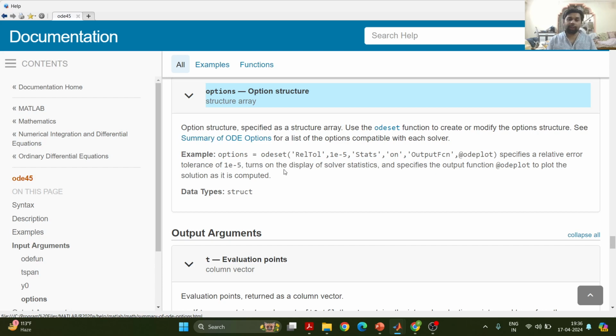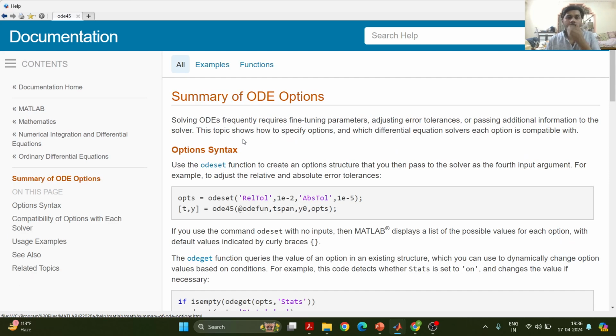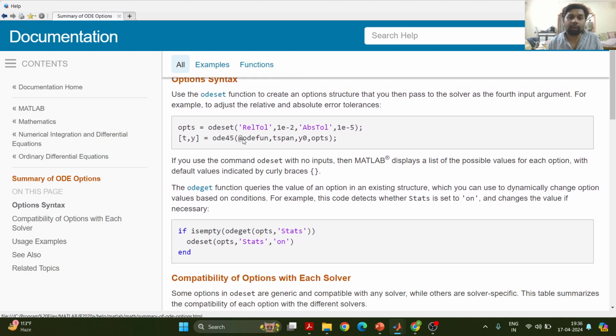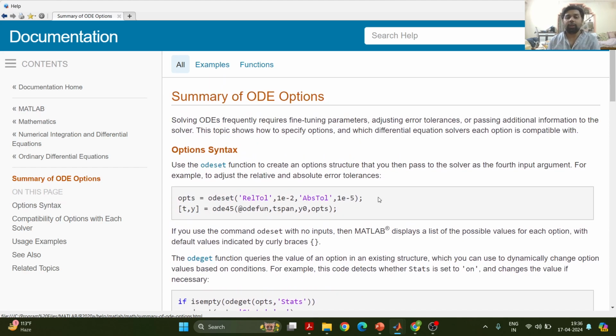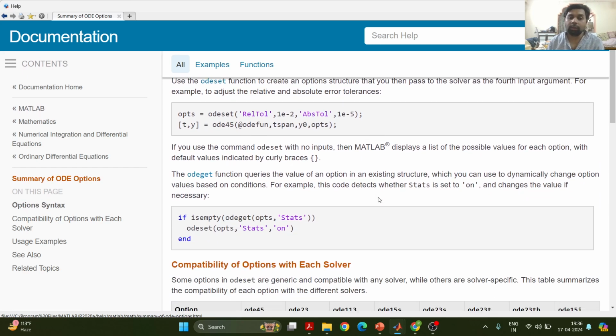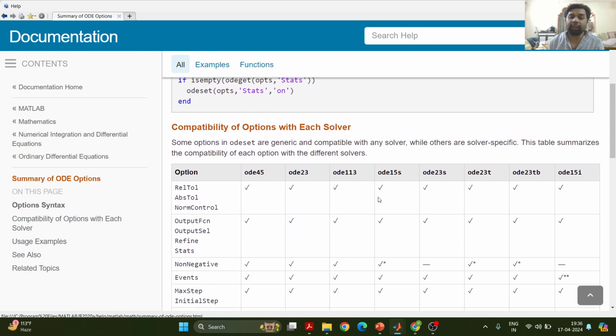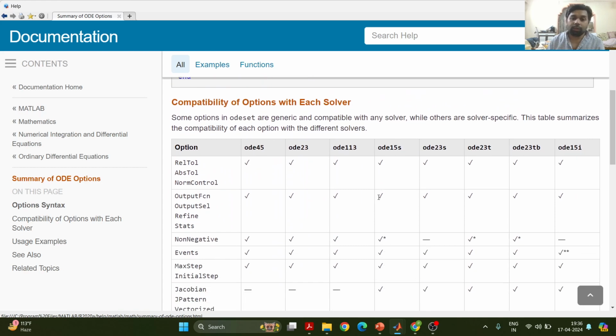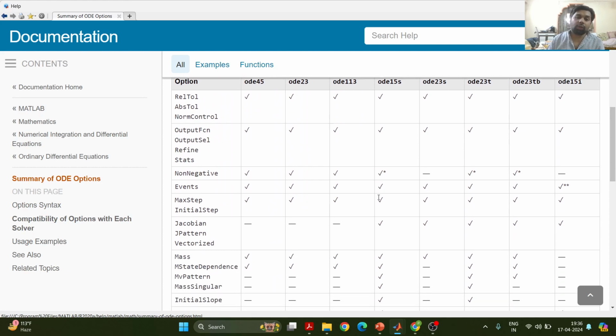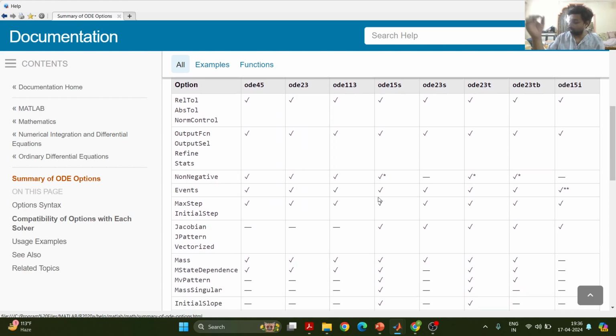You can go through the documentation to get some more idea. Then we can go to this link, the summary of ODE options. Here we can use this to tweak the solver and control the solver behavior, like we can change the tolerances of numerical integration. There are lots of options, and there are different solvers that MATLAB uses.